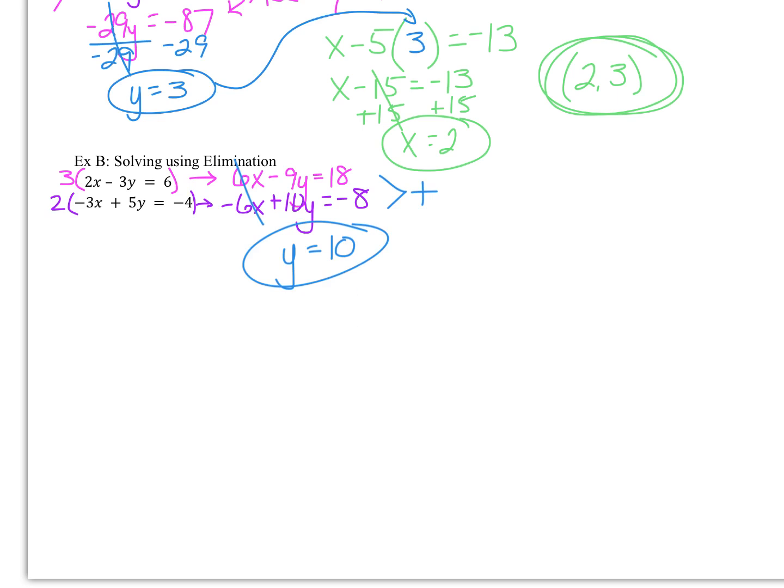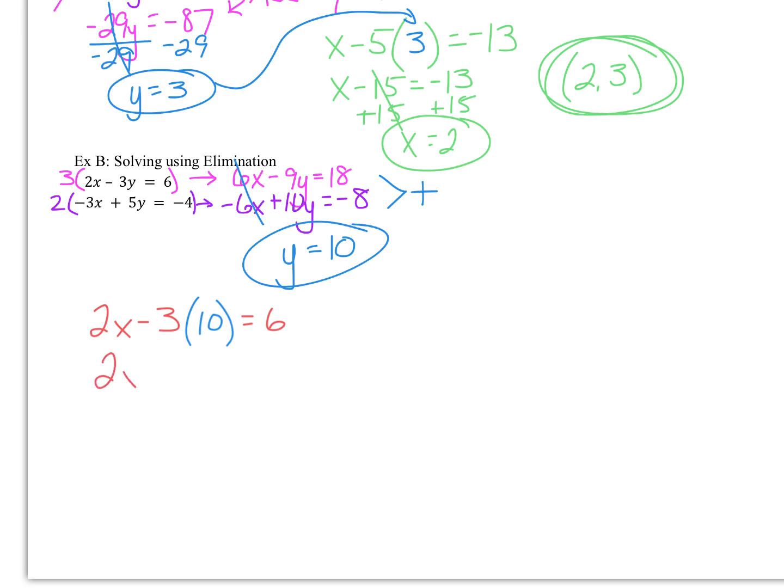So again, I know I'm sounding like a broken record, but there's a reason, right? So I take this and I plug it into an original equation. Do you guys want to use the top one or the bottom one? Top, okay. So 2x minus 3 times 10 equals 6.